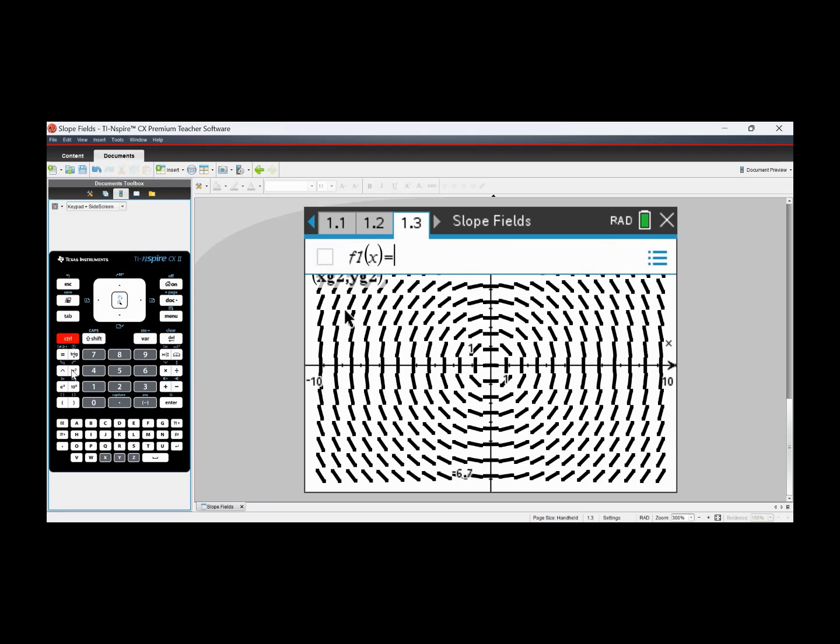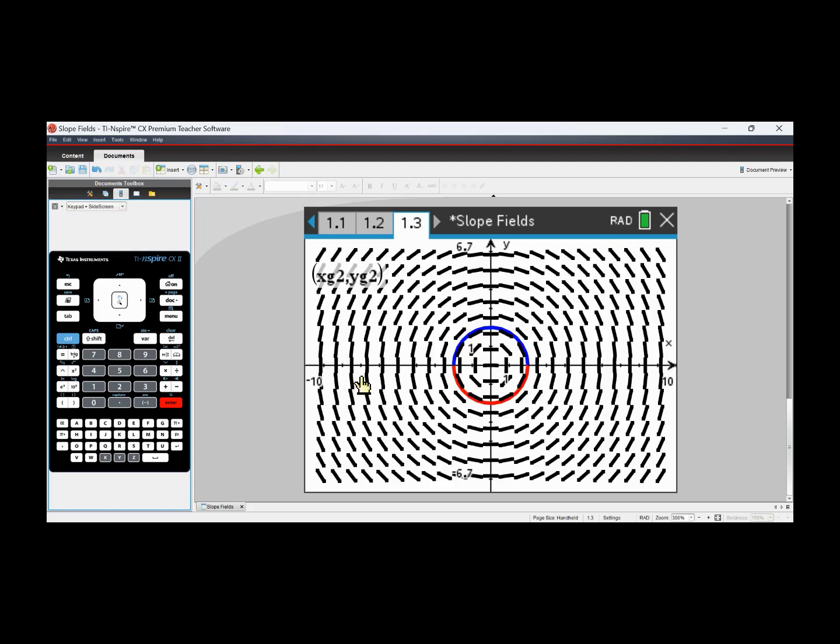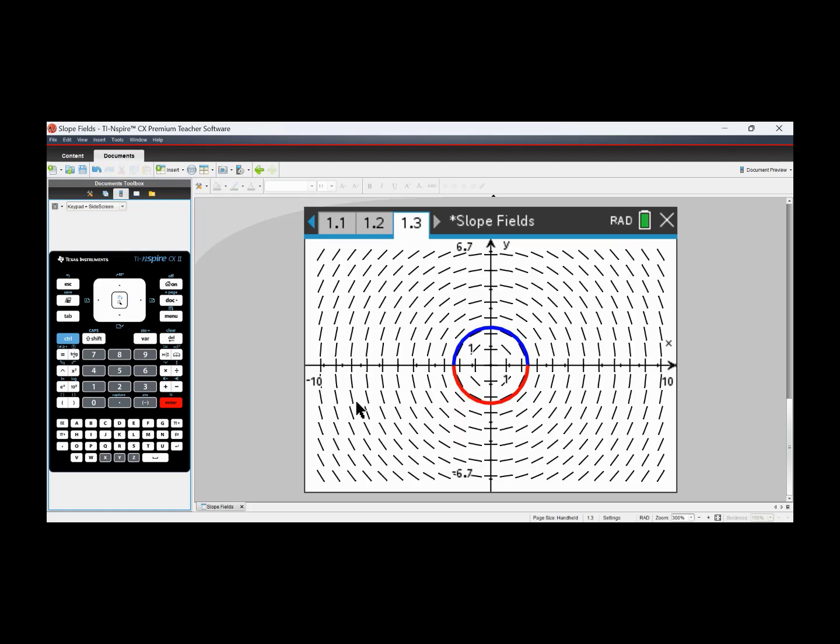We're going to press control, square root of 4 minus x squared, arrow down, the negation of the square root of 4 minus x squared, and hit enter. You can see how our circle goes right around those little tangent lines. And that's our particular solution amongst the family of solutions.